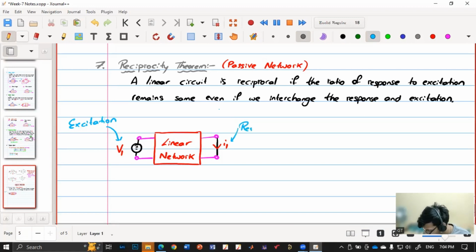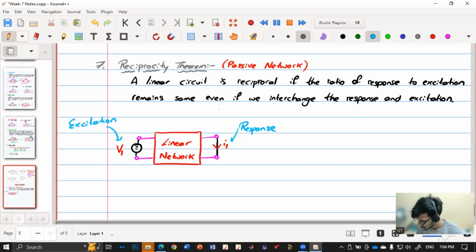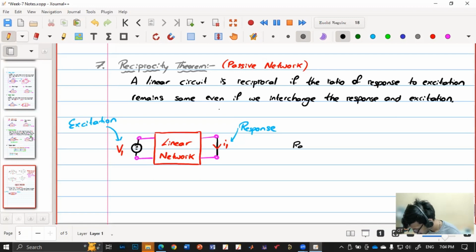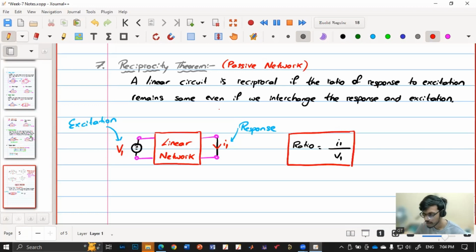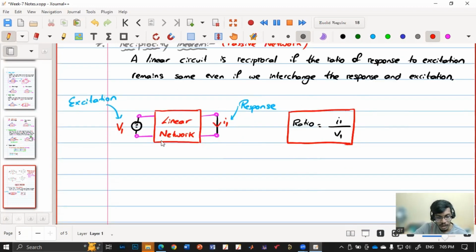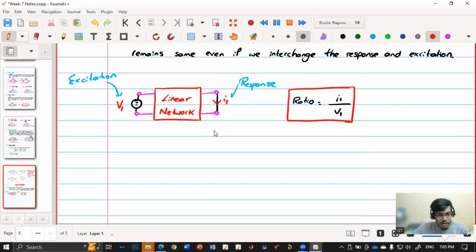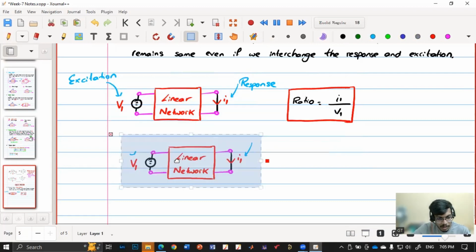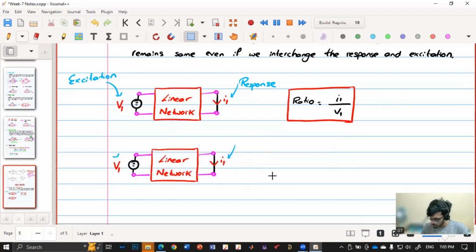The ratio is I1 by V1. Now this ratio should remain the same even if you interchange the excitation and response. So now I will consider the same network, but change my excitation and response.